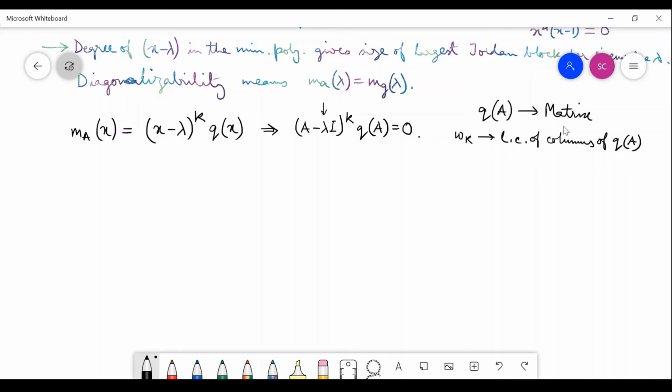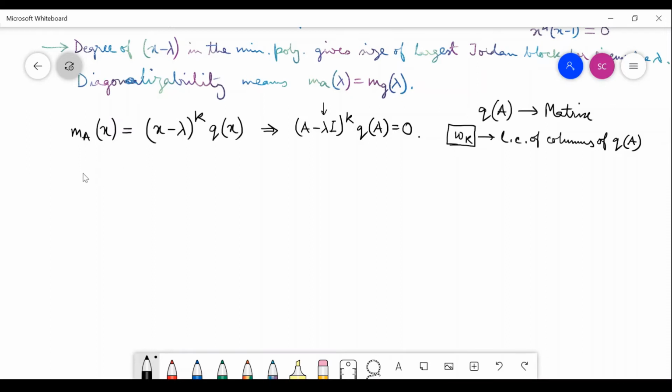All the columns of q(A) could be considered the basis of some space, and if operating those basis vectors with (A minus lambda I)^k gives me 0, it is evident that a vector composed of those basis vectors will also give me 0.